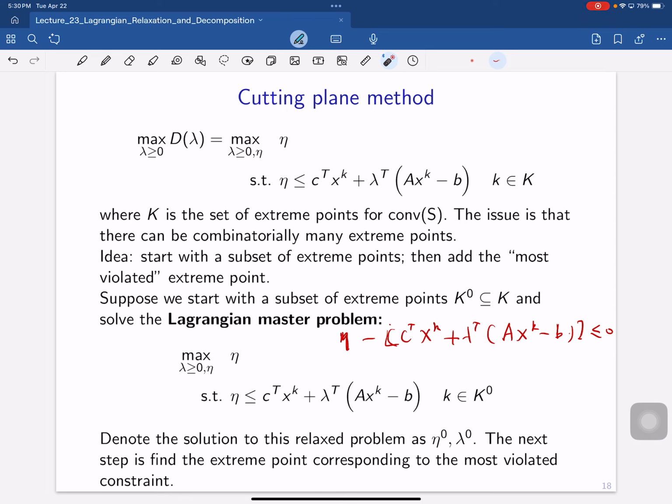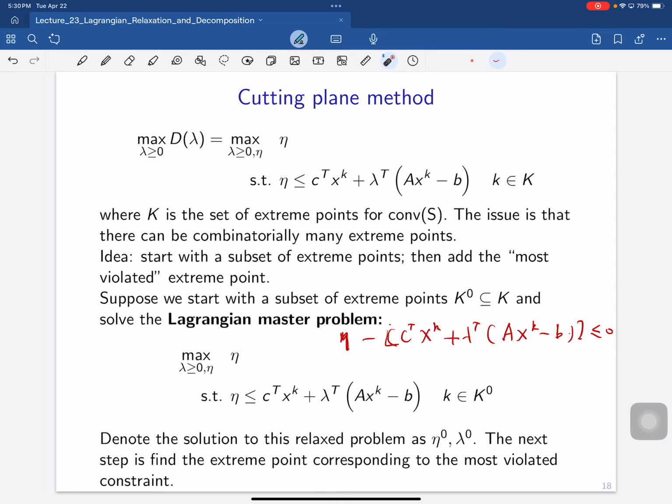So how did we find the column with a negative reduced cost? We found the columns with the knapsack problem. Yeah, exactly, in the cutting stock applications.